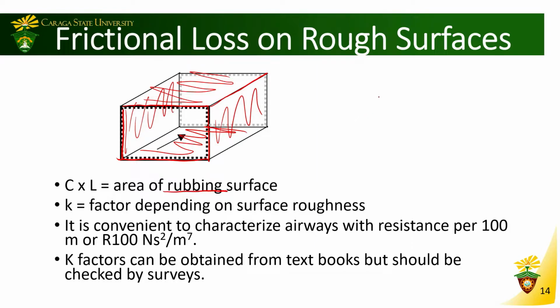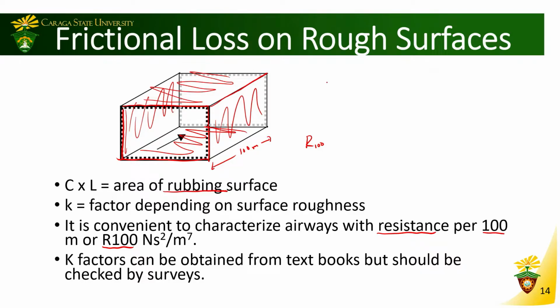The K is a factor depending on surface roughness, and it is also convenient to characterize airways with resistance per 100 meters, or R100. Okay, so if you see R100, then it is just a representation of the resistance for a 100-meter length airway.